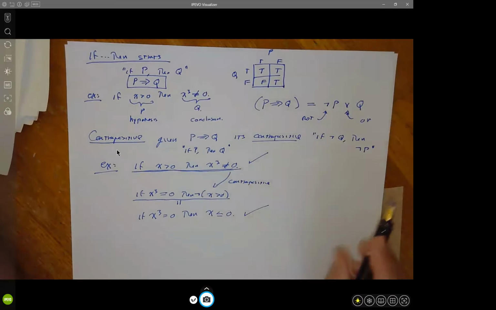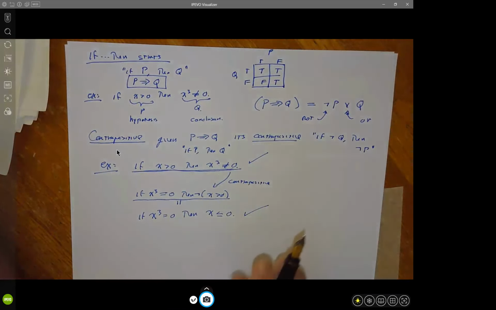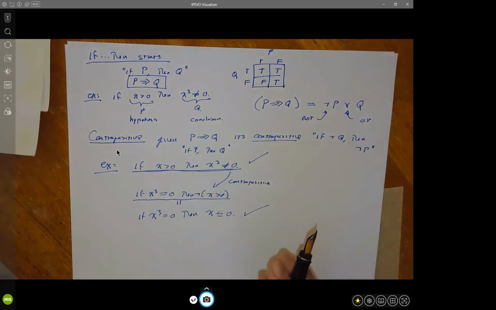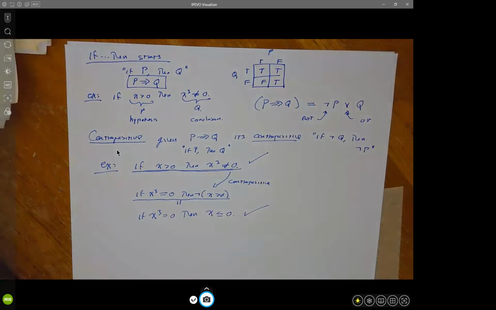You can deduce from that that if x cubed equals 0, then x is less than or equal to 0, which is kind of cool. Let's actually think about this and see if we can prove that in general. So here I've only proved this for one statement, right? I've shown this for one statement.